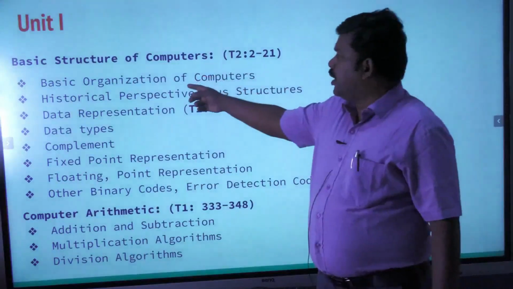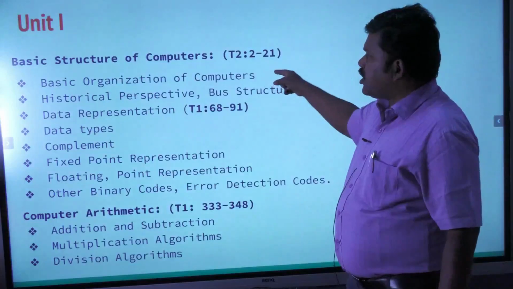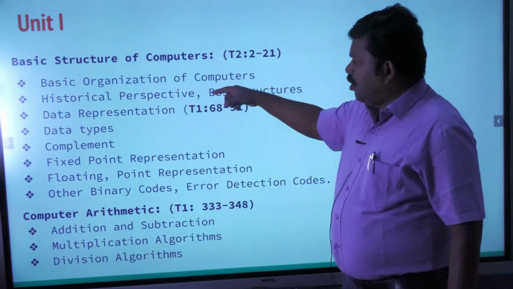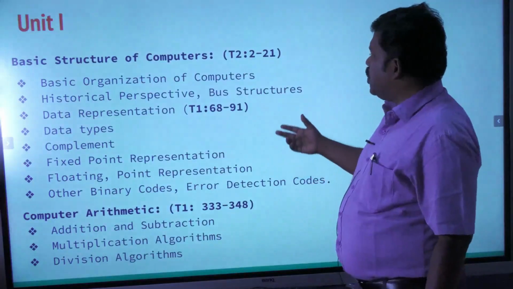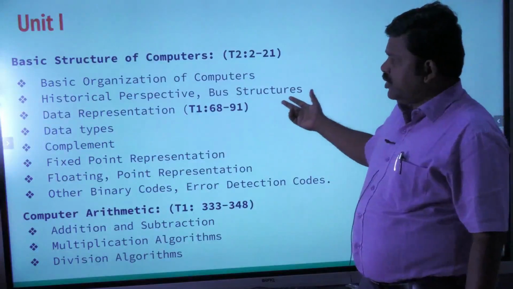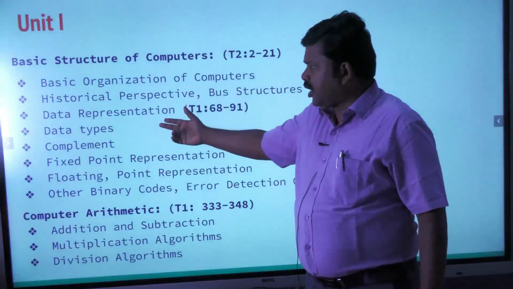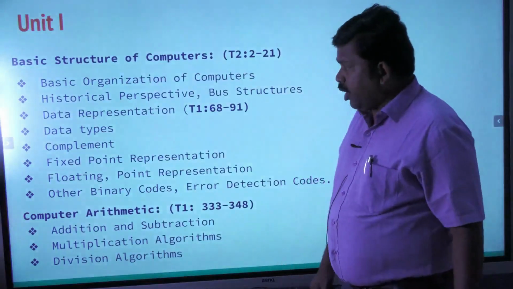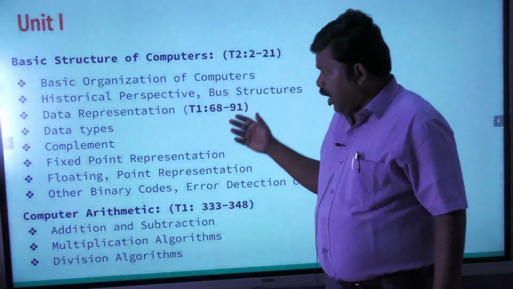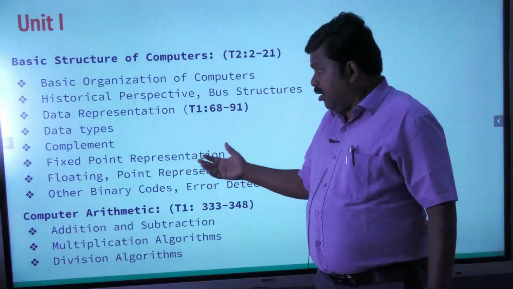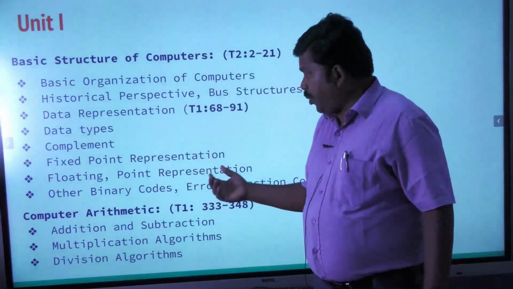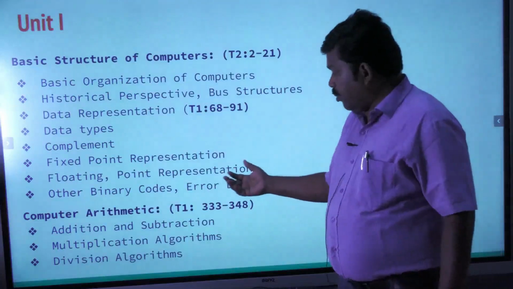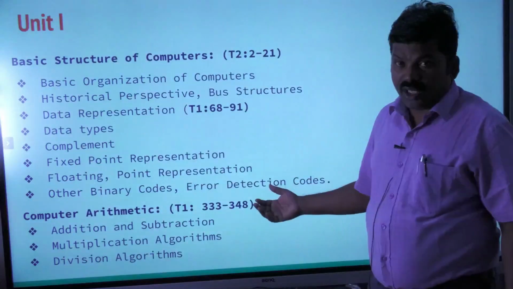In the first part, we are going to see the basic organization of computers, their historical perspective, the different bus structures, and data representation: how data are represented, different data types, what is meant by complementation, and how to represent fixed point numbers, floating point numbers, and even other binary codes and error correction codes also.